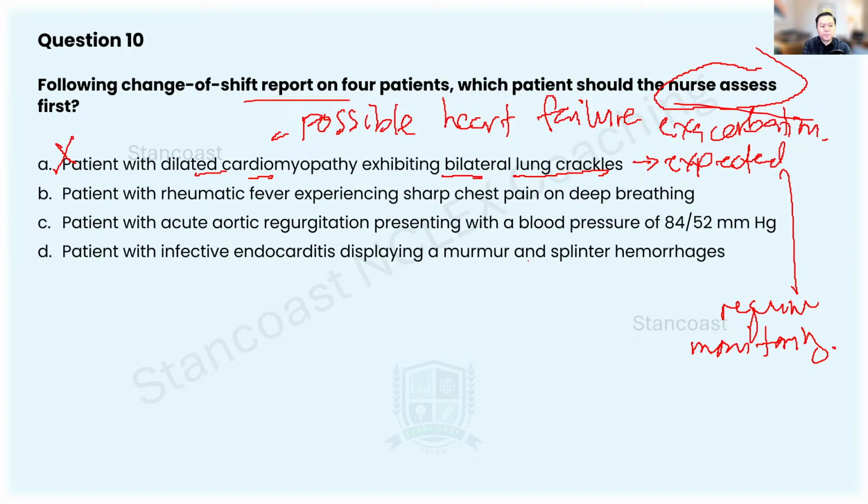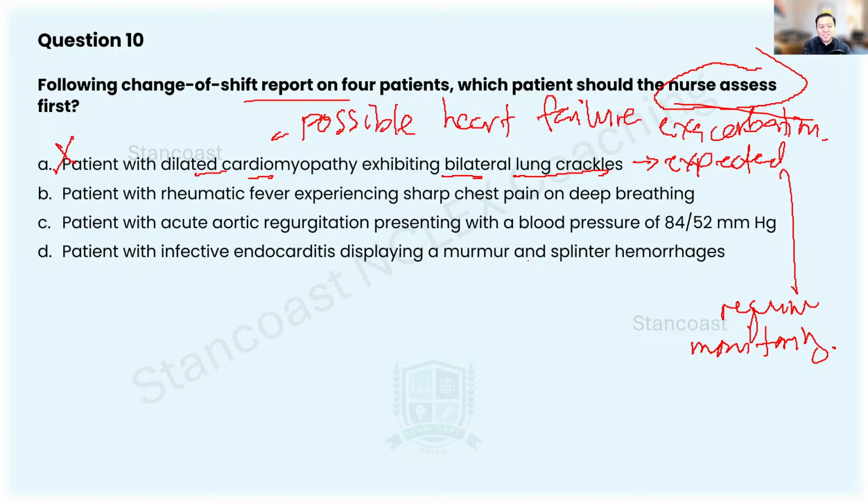What about letter B? Patient with rheumatic fever experiencing sharp chest pain on deep breathing. Is this an assessment finding that is expected? Or is it something that would require immediate intervention? Okay.